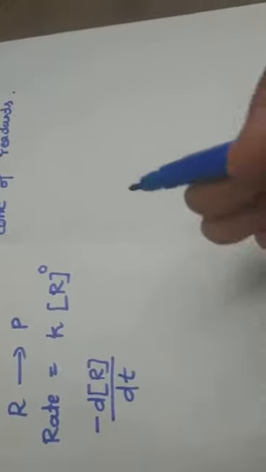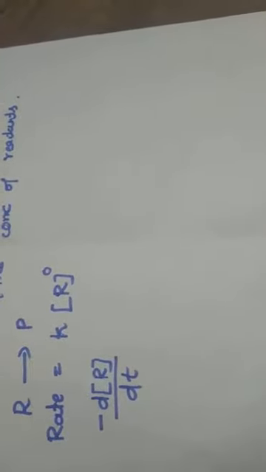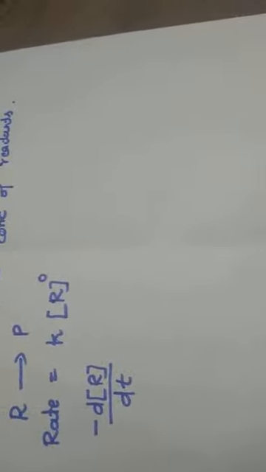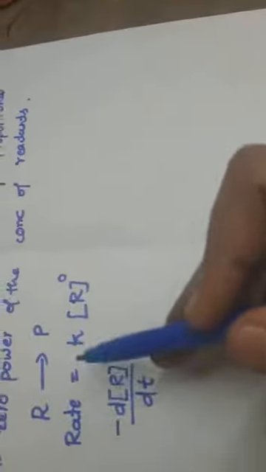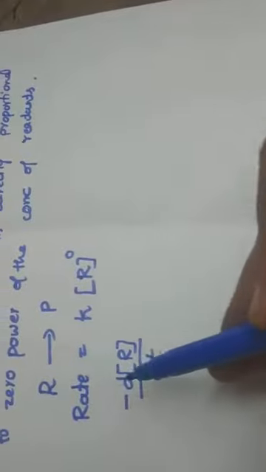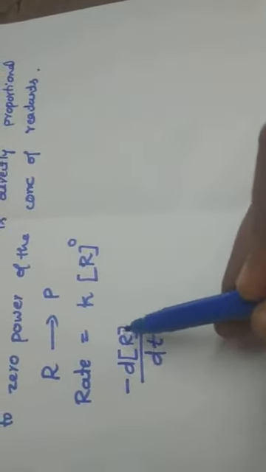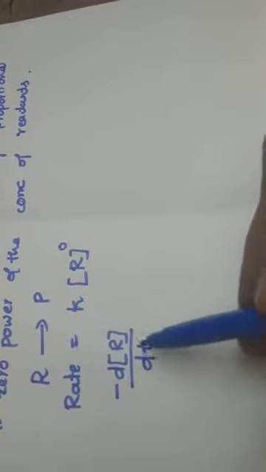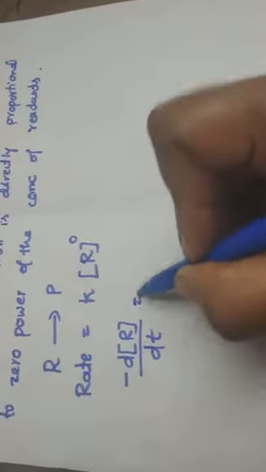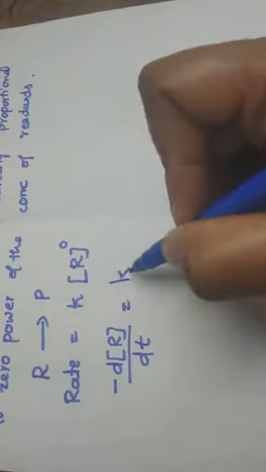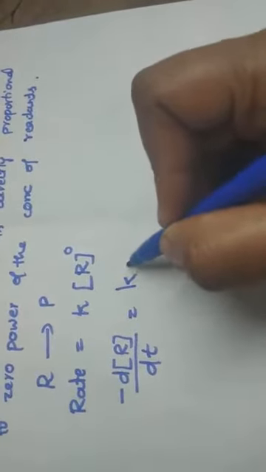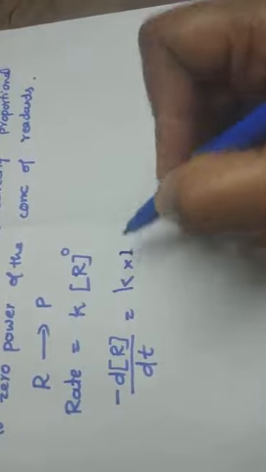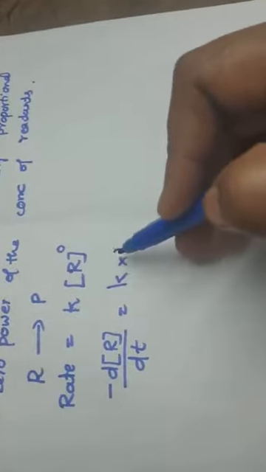So in the reaction, as time proceeds, the concentration of reactant decreases. So we can represent the speed or rate of reaction as the decrease in molar concentration of reactant divided by dt. That is equal to K, the rate constant, into anything to the power 0, which means 1.